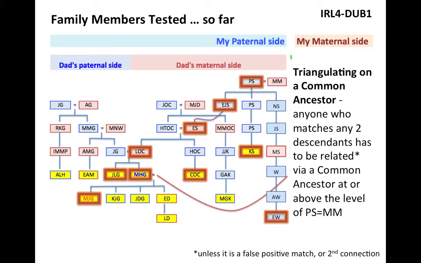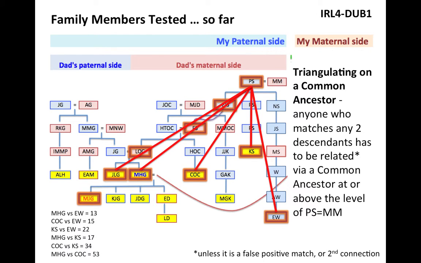And that caveat is unless it's a false positive match, or unless there's a second connection between any of these two people, and that can really throw a spanner in the works. But you'll see now why it's called triangulation, because we are creating these little triangles between the descendants of a particular ancestor and that ancestor himself.